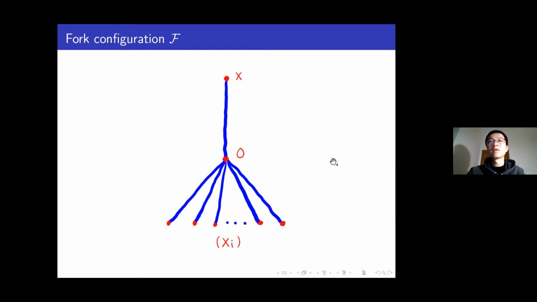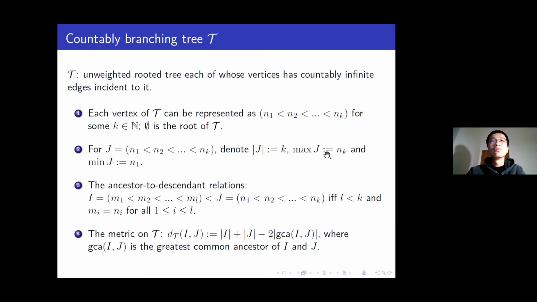And this property can be characterized in terms of Lipschitz embeddability of the countably branching tree. The countably branching tree is just an unweighted tree, and it has a root, which I denote by the empty set. Each of its vertices has countably many edges incident to it. So actually, the vertex set of T has a one-to-one correspondence with finite subsets of natural numbers.